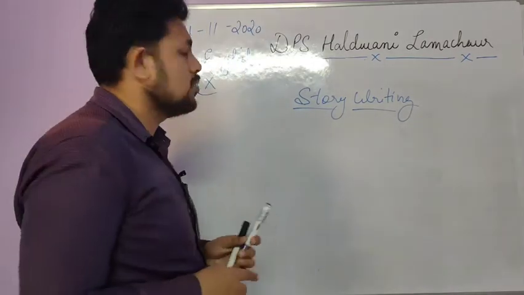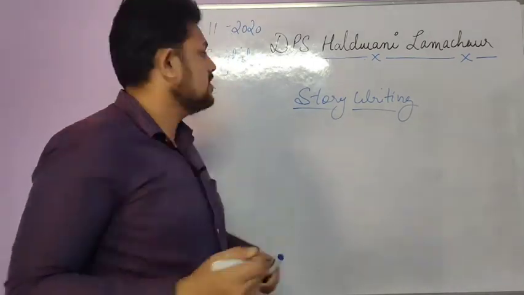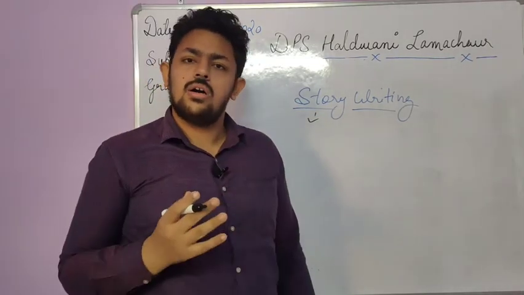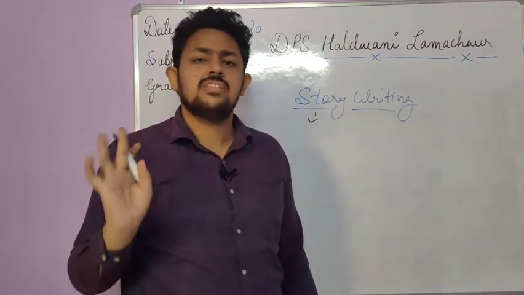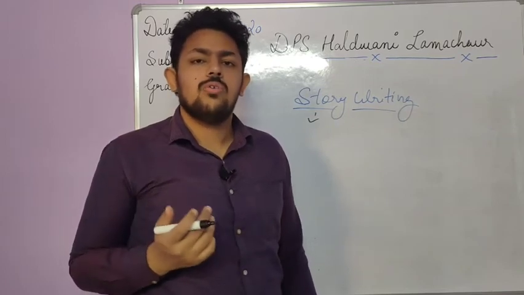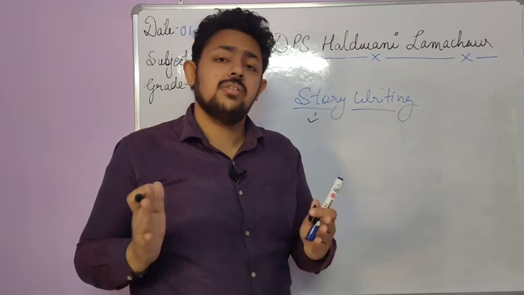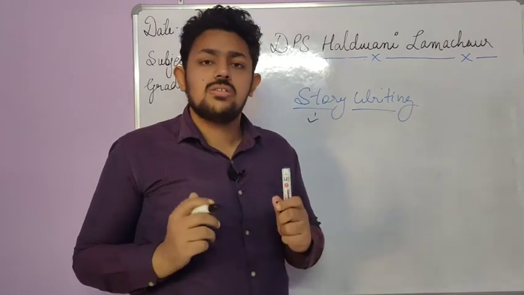Now what is story? A novel you have read, all must have read somewhere, sometime. One novel you must have read in your life. If you haven't read any novel, then it is a very shameful thing. You must read at least one novel.